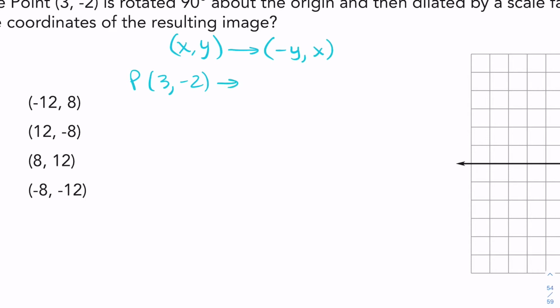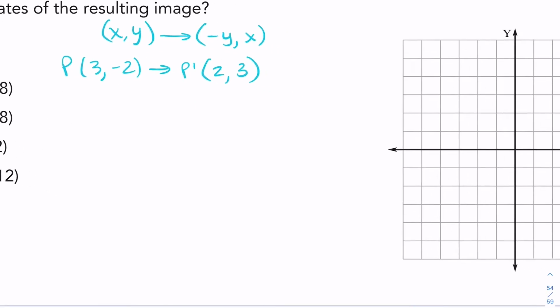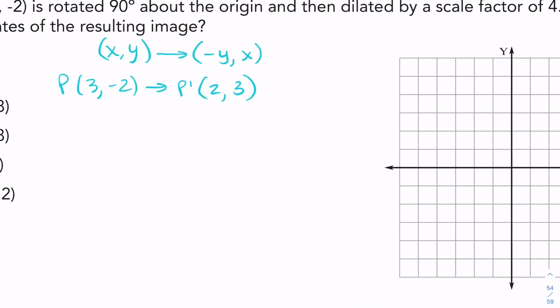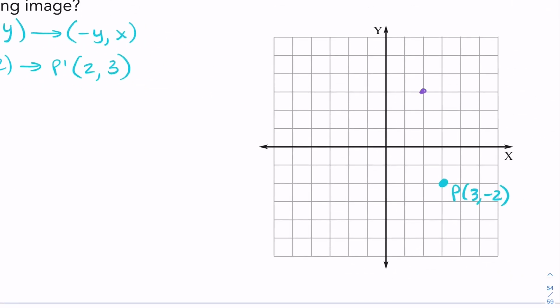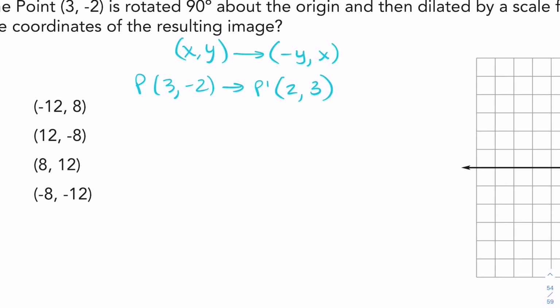So P prime is going to be 2, 3. P prime is 2, 3.